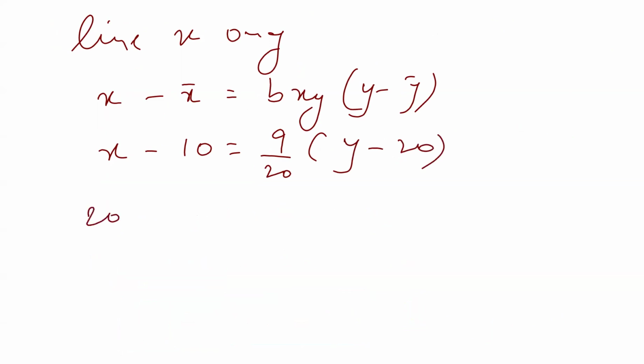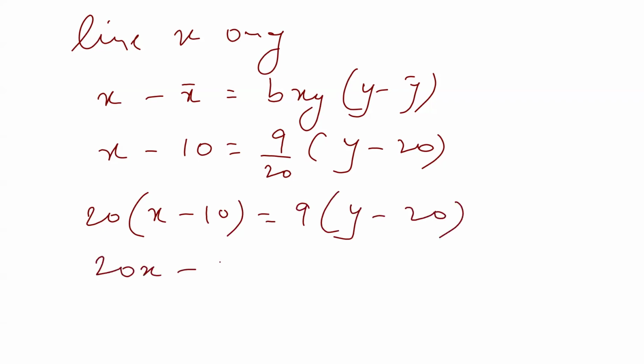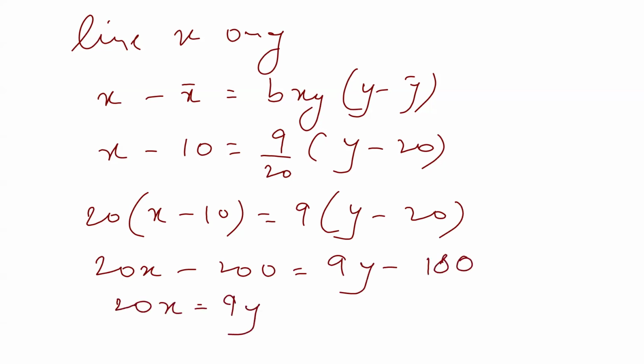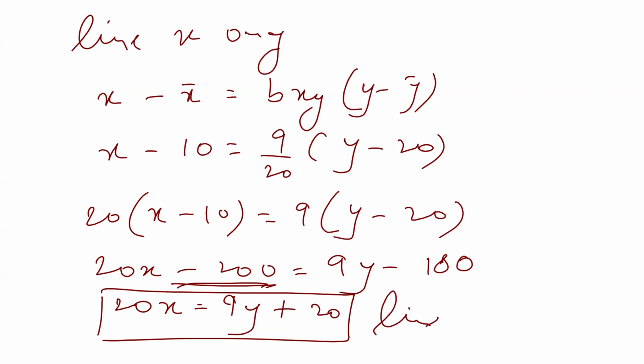So 20 into x minus 10, 9 into y minus 20, 20x minus 200 is equal to 9y minus 180. 20x is equal to 9y, 200 minus 180, that is plus 20. And this is line x on y. Okay. So these two lines were asked in the problem, and we have solved it as per the requirement.